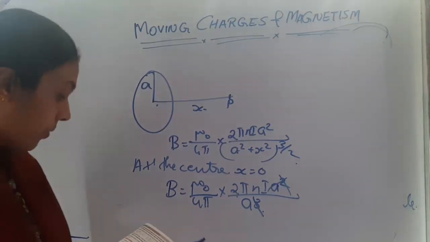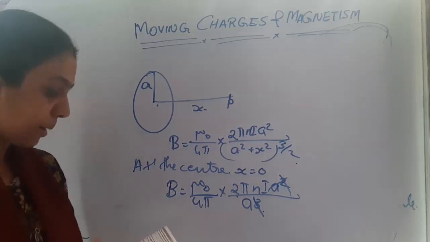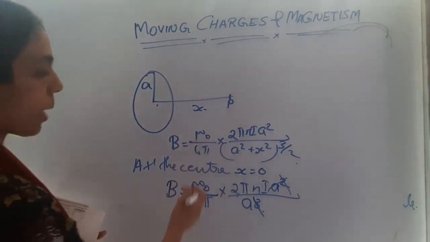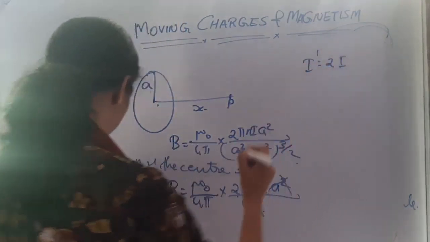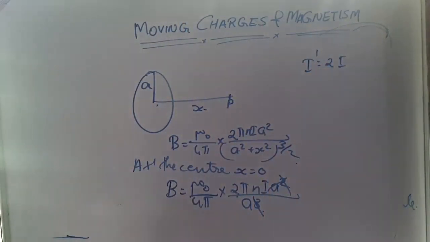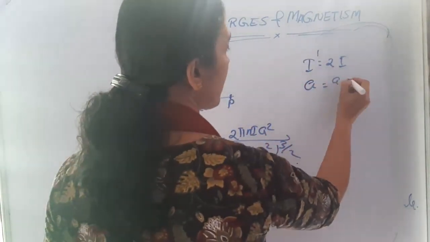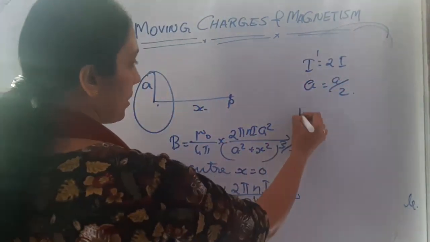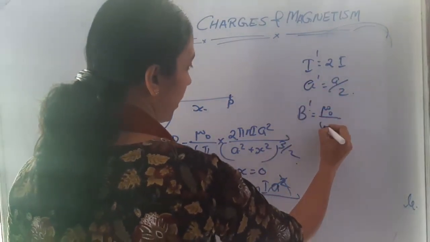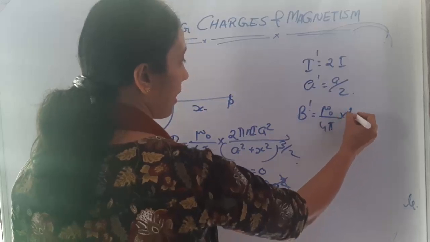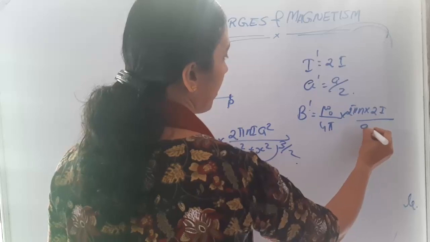Now, in this equation, we should apply that the current through the coil is doubled. So what will happen if the current is doubled? I dash equals 2I, and the radius of the coil is halved, so a dash equals a by 2. How will this change? B dash equals mu 0 by 4 pi into 2 pi n into 2I divided by a by 2.